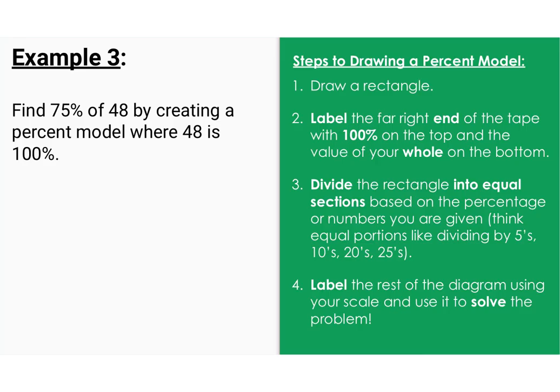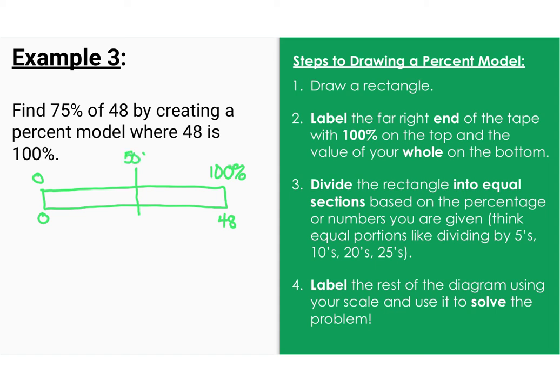Okay, find 75% of 48 by creating a percent model where 48 is 100%. So I need to draw my rectangle. At 100%, that is going to be 48. So can I cut 48 up into 4s? We're going to have zeros here. So 48 divided by 4 is 12.